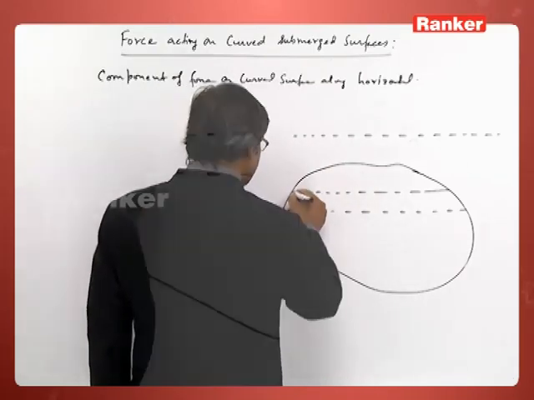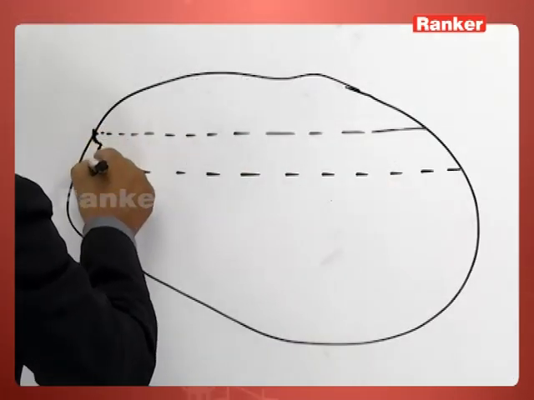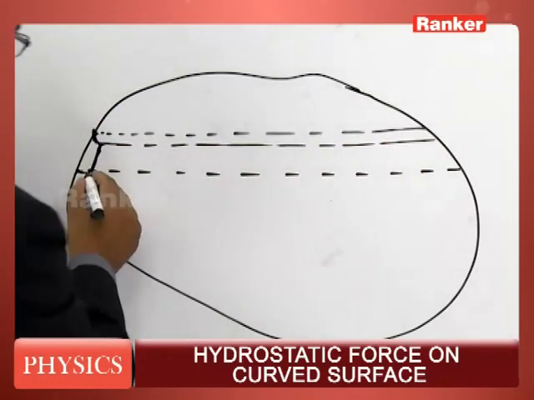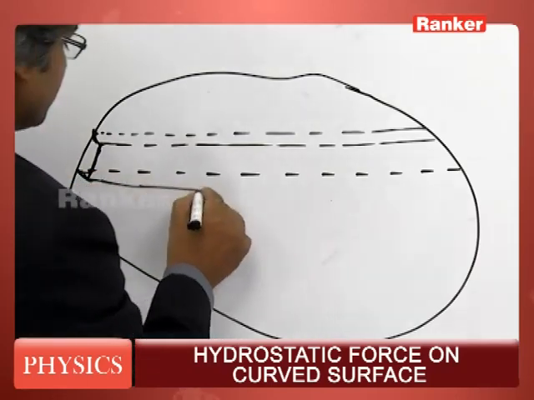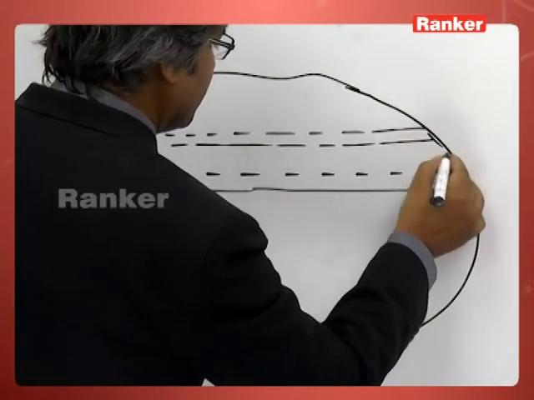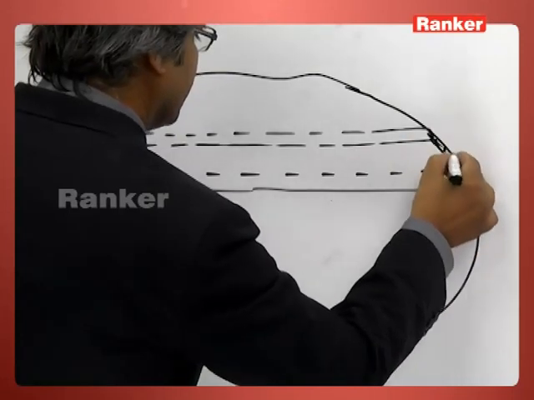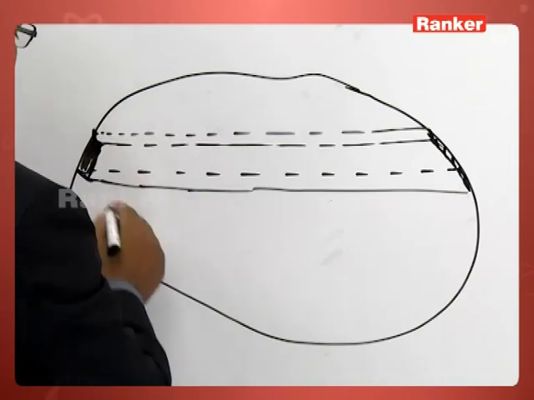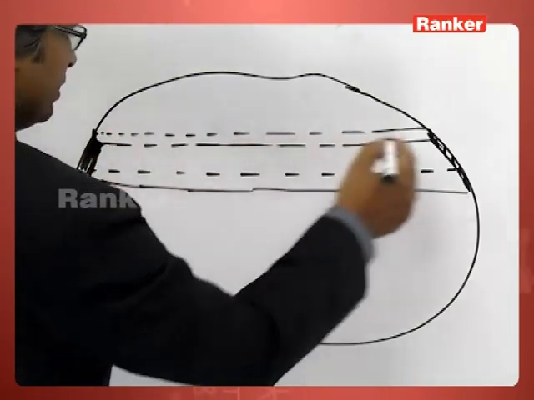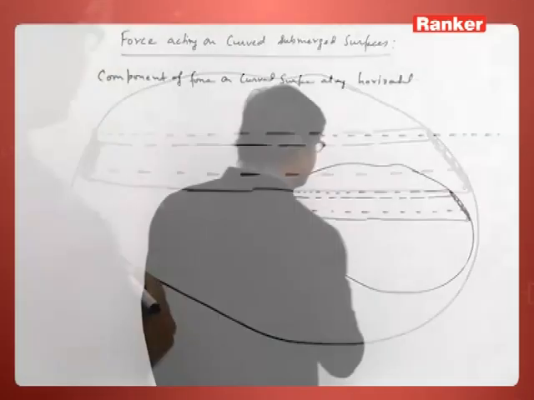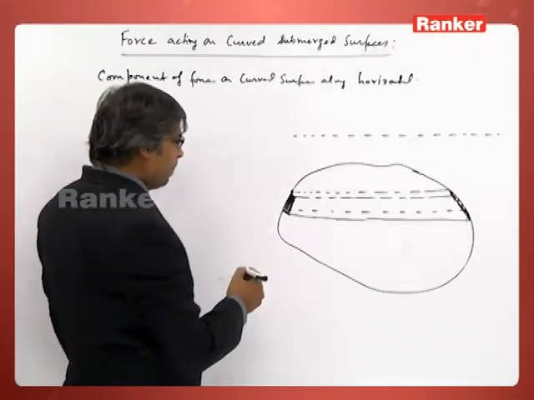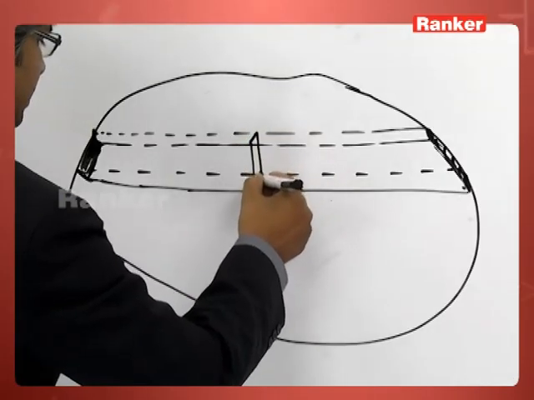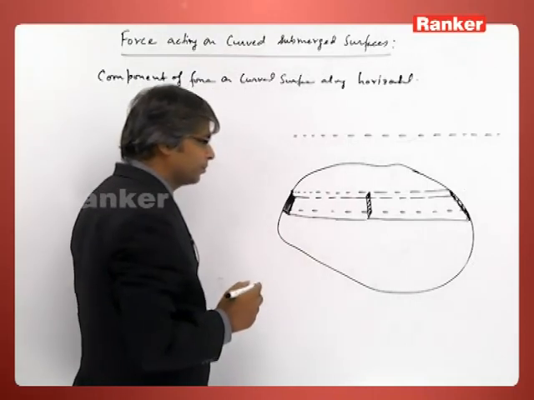So now you can imagine that this curved surface has this area, and you can see this area. So we have two small areas, this and this. Now you see the cross section of this area is this one. This shaded one is the cross section.